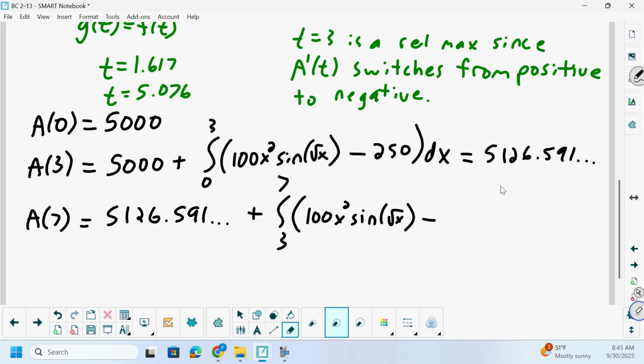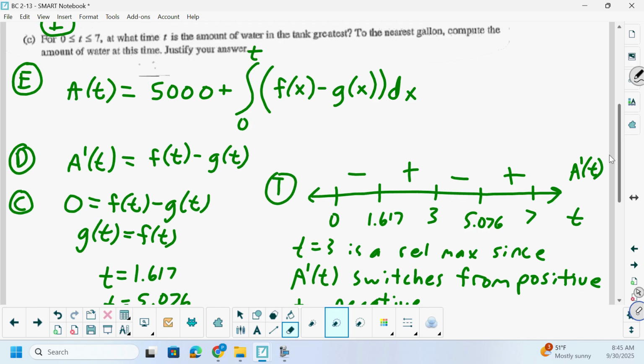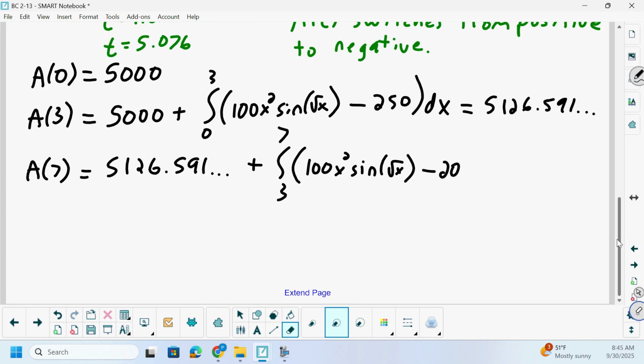And then now instead of the minus 250, we are going to have the minus 2000. We'll pause the video, see if you can plug this in now to see what we get for our gallons at the end of the interval.